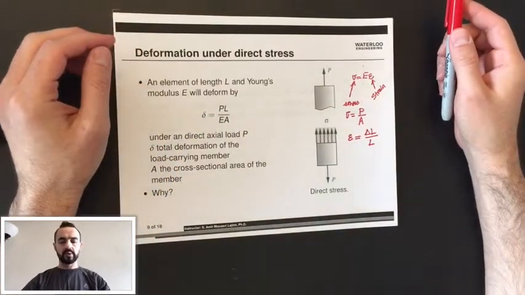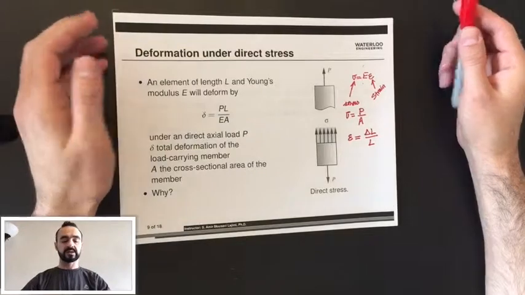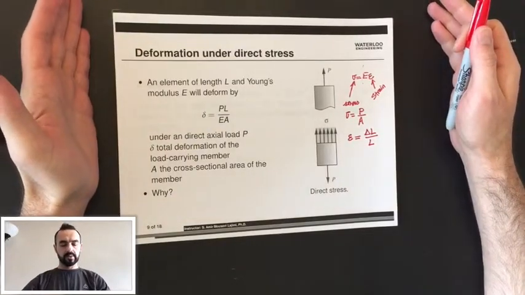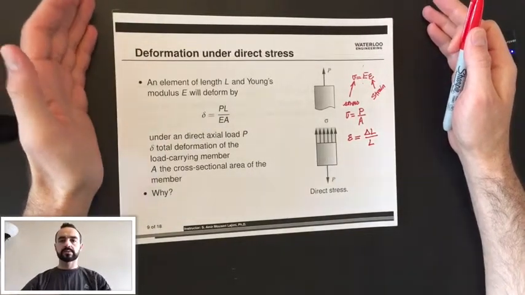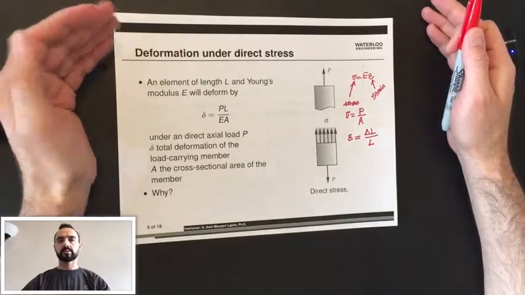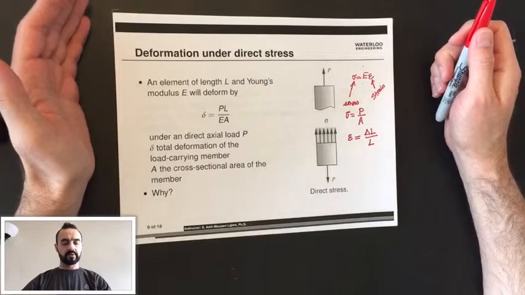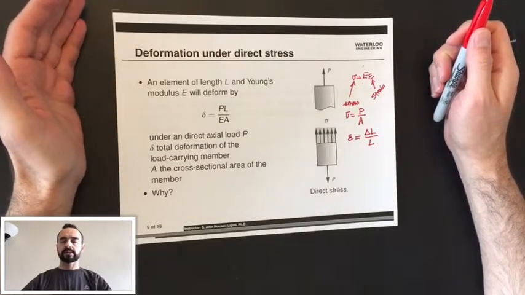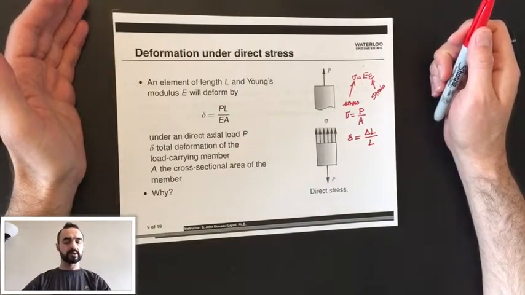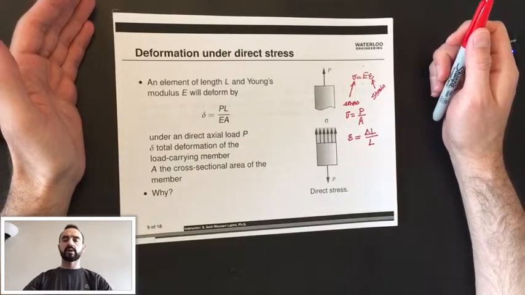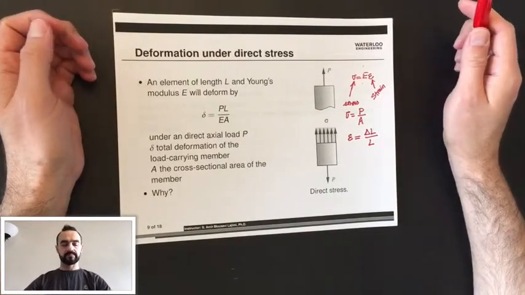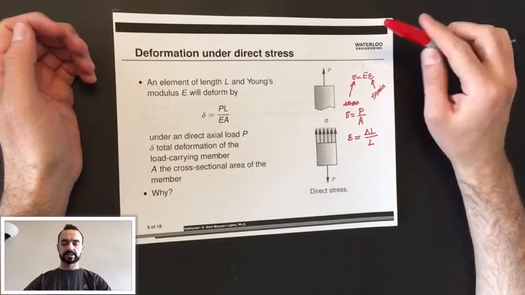Alright, today we pick up where we left off last time. We talked about the basic principles of mechanical design, then we talked about stress analysis, and the last thing we talked about was elongation under direct stress.